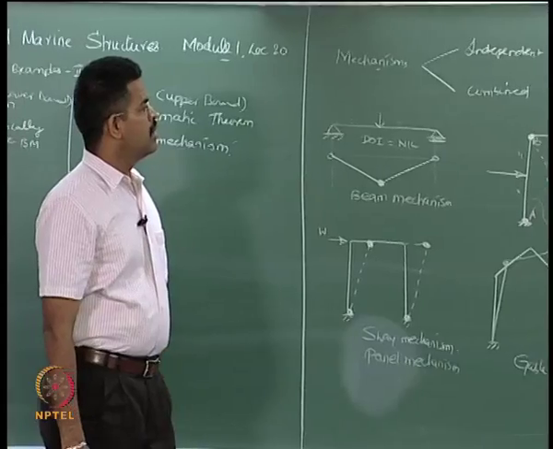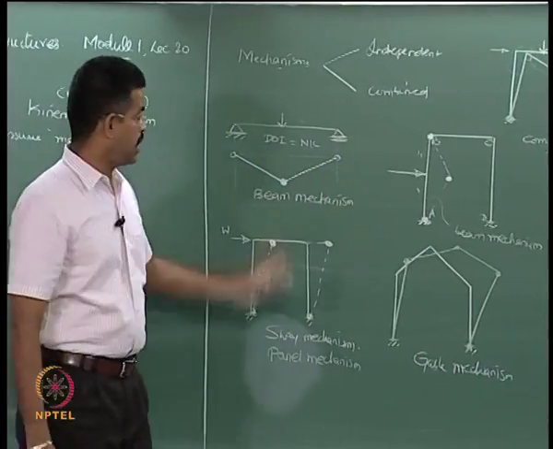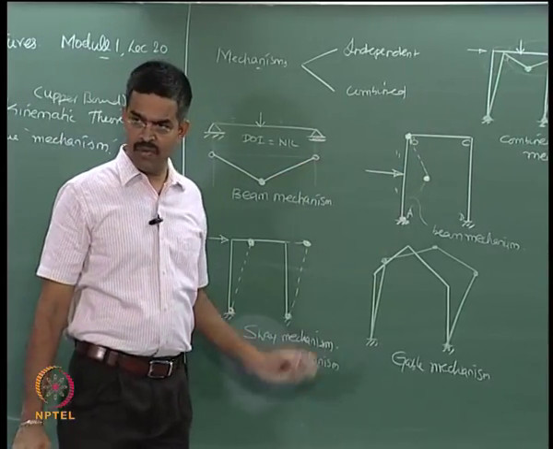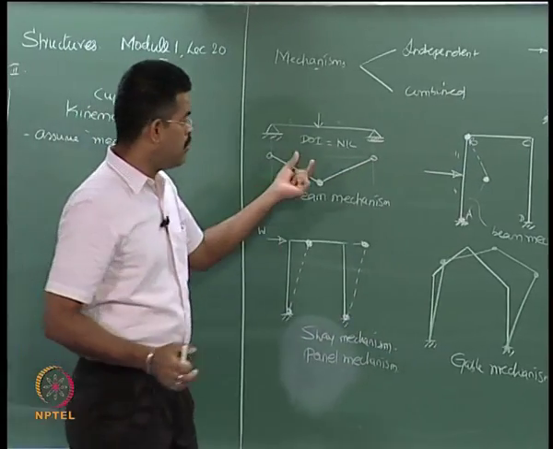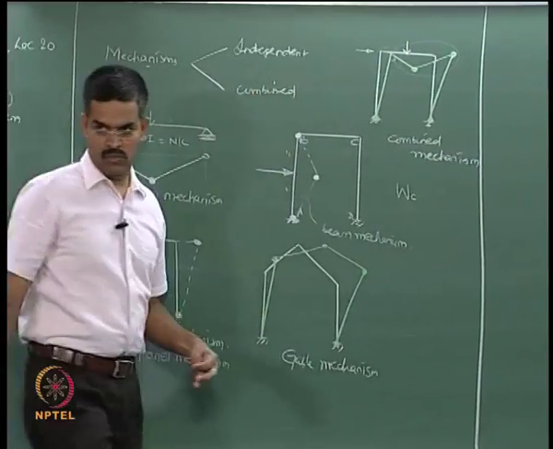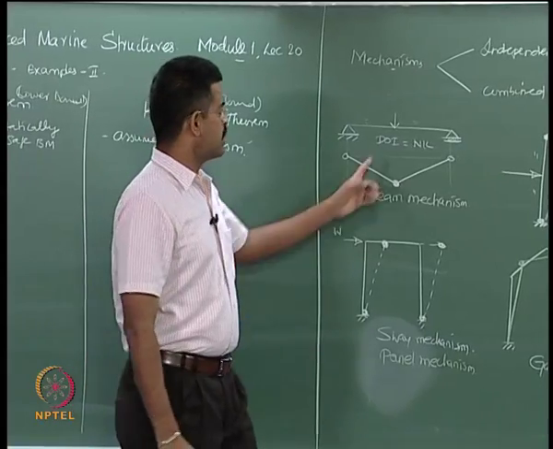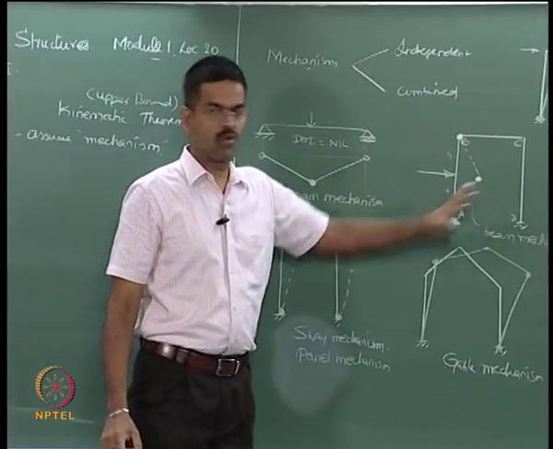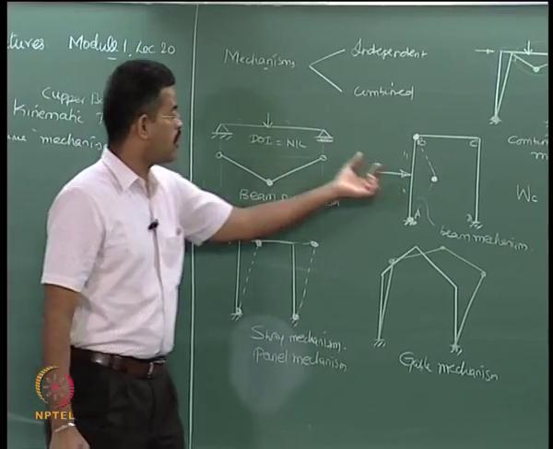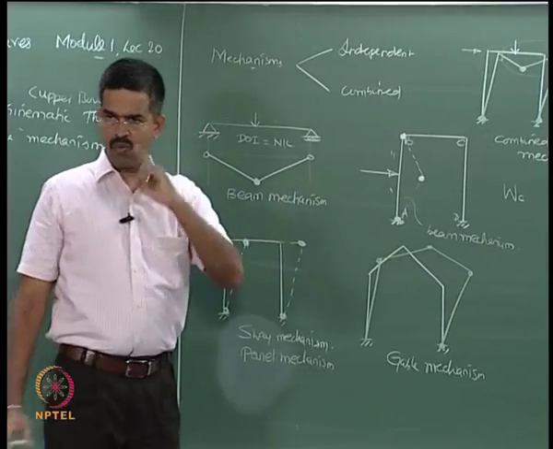Now, what do we do by identifying independent mechanisms? For every independent mechanism available in the structural system, you must try to find out the possible collapse load. Since I am assuming the mechanisms and trying to find out the collapse loads, each one format of the problem will give me one set of collapse loads.